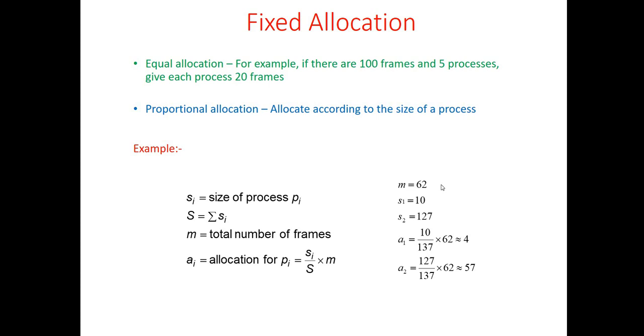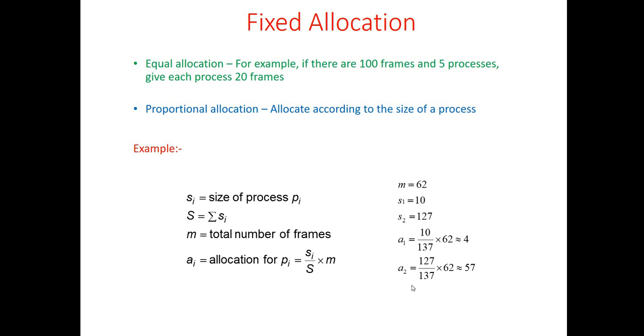For example, if the total number of frames available in the system is M equal to 62, there are two processes in the system, and the size of the first process is 10 and the size of the second process is 127, then the number of frames allocated for the first process, a1, is equal to 10 divided by 137 multiplied by 62, that is approximately 4.